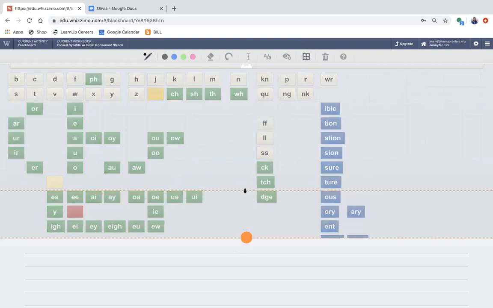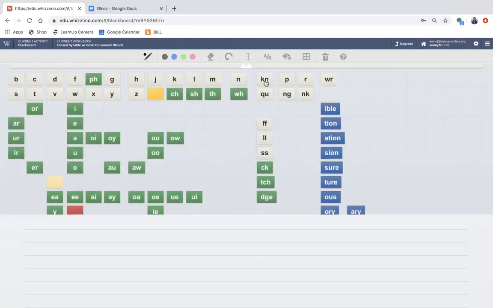So the R family is over here. So these 5. 1, 2, 3, 4, 5. Yeah, 5. These are your R families. So let's pretend these are families. They're a family, and there's 5 people in a family.